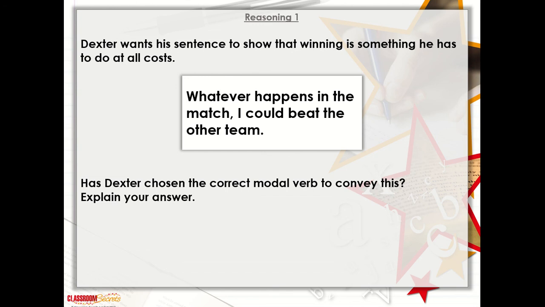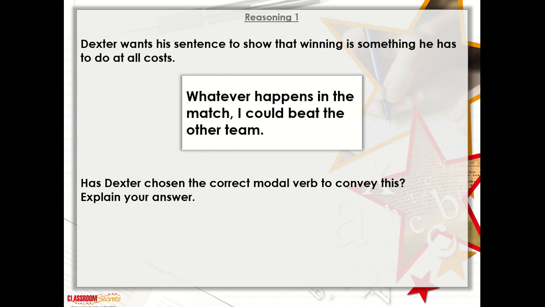Dexter wants his sentence to show that winning is something he has to do at all costs. "Whatever happens in the match, I could beat the other team." Has Dexter chosen the correct modal verb to convey this? Well, what modal verb has he used?